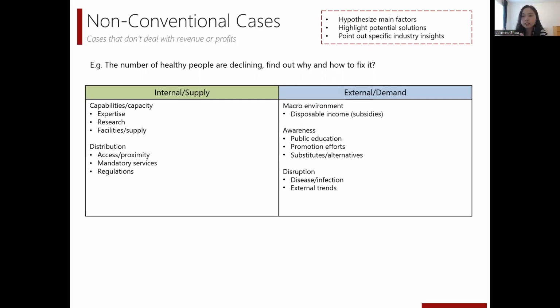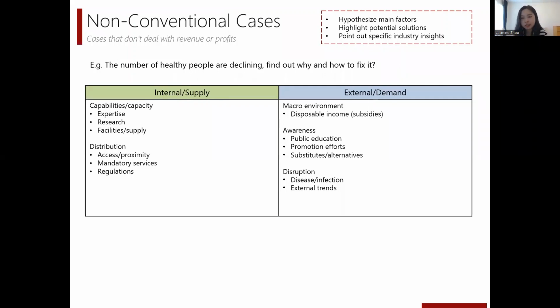Maybe it's because in this country we don't have enough capabilities. How much expertise do we have in these health sectors or research into certain diseases? How many facilities and supply of nurses or doctors or health facilities do we have? And then for distribution, you would be looking at the nearest hospital, how near is that for access in terms of proximity to neighborhoods and people?